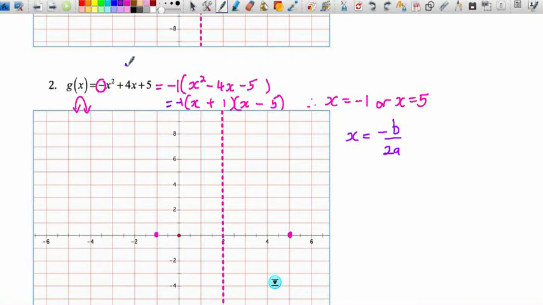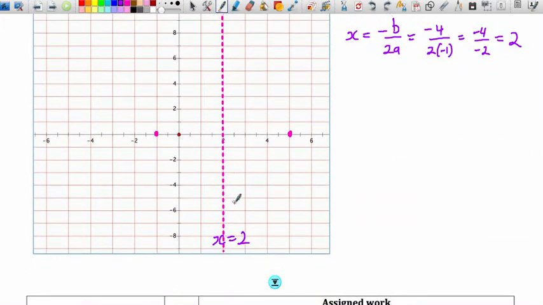Our b value is 4, our a value is -1, and our c value is 5. And so in this formula, we have minus b over 2 times a. That's -4 over -2, which of course simplifies to 2 and confirms our axis of symmetry at x equals 2.